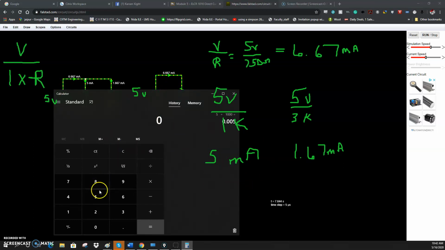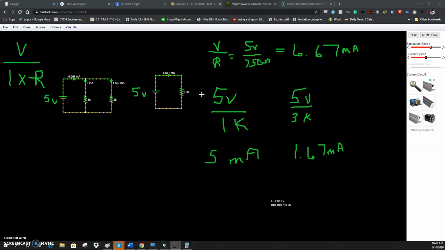And now I'm going to take 5 and divide it by 3,000, and we've got 0.00167, or I move that decimal 1, 2, 3, that puts it right here, 1.67 milliamps. So again, that's why we use these. So we've solved that down.